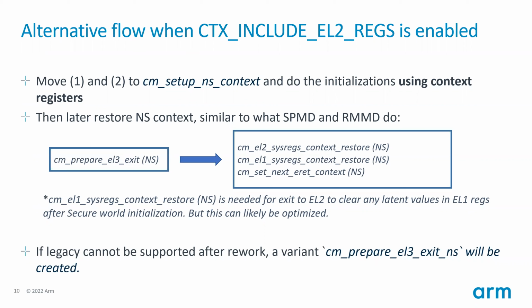The function itself is not aware whether it's a secure world context or non-secure world context. It's not represented correctly. So the argument NS is a pointer to a context buffer, and all the function will do is blindly restore it. It doesn't care whether it is secure, realm or non-secure. Yeah.